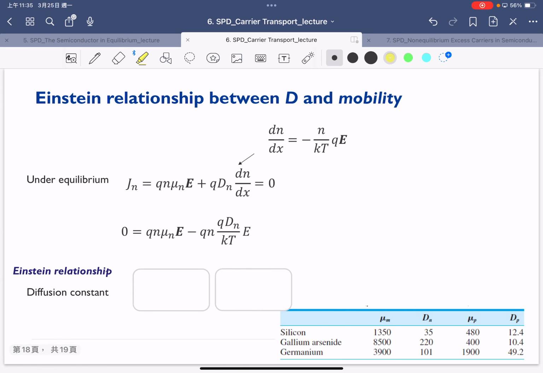So finally, there's a way to find the correlation between the diffusion coefficient and the mobility.